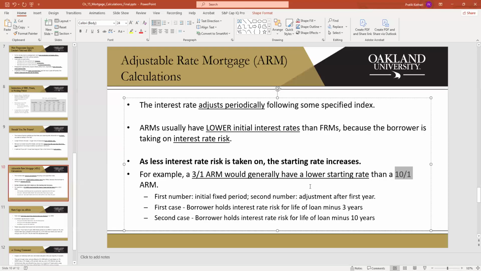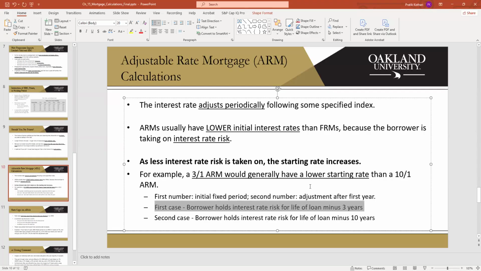And a 10-1 ARM where you have 10 years of fixed term where the interest rate is constant, and then after that, every year the interest rate changes.